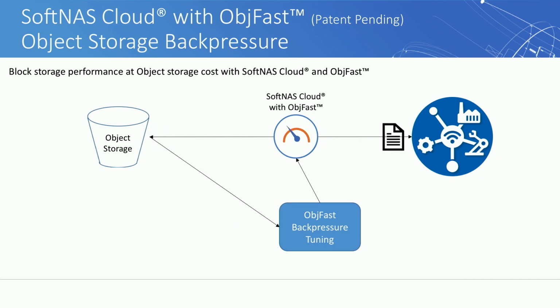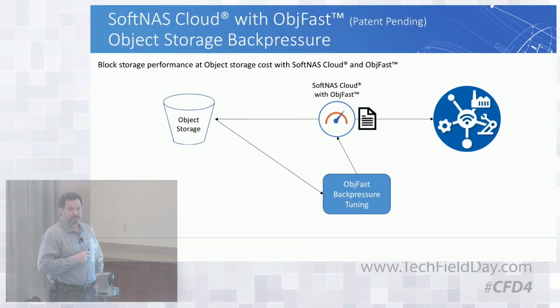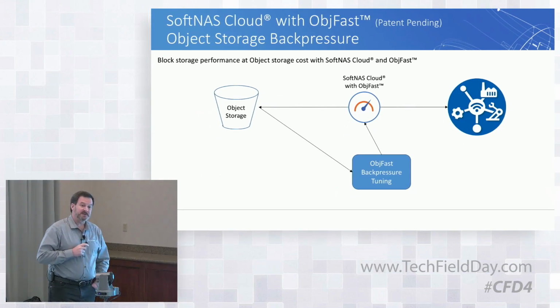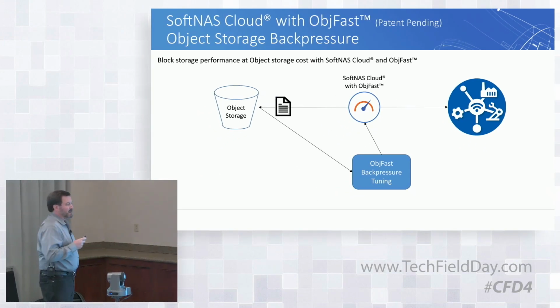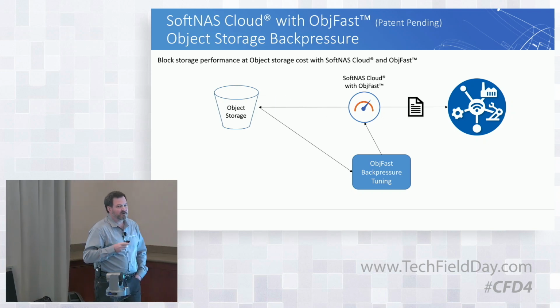We'll slow it down for a little bit, keep monitoring it, and when the backpressure has lowered, we speed it back up. We stay in a continuous loop of constantly monitoring how fast at any given point in time we can drive the object storage. We're going to drive your object workload as fast as the back-end object storage will let us. This is patent-pending technology for us. We're the only ones doing it, and the performance impacts are pretty dramatic.